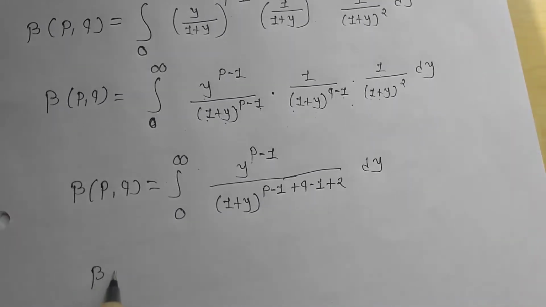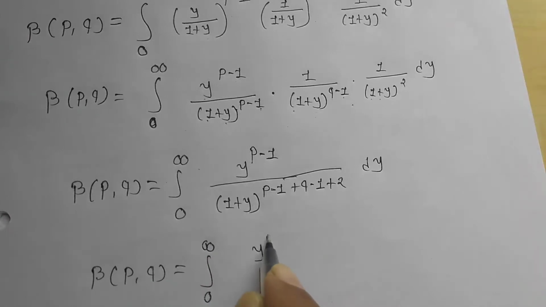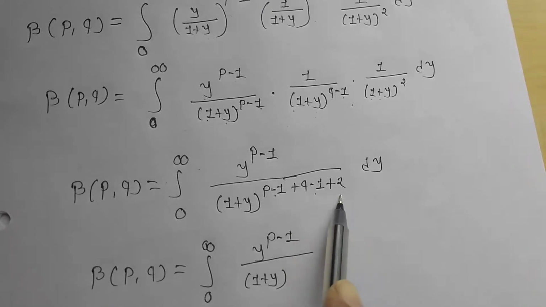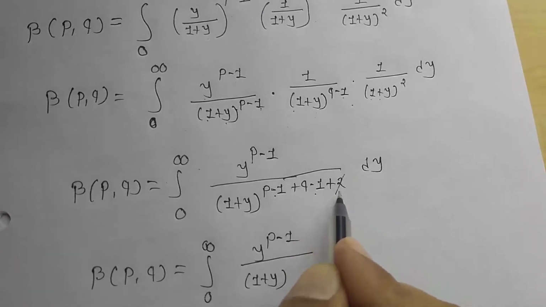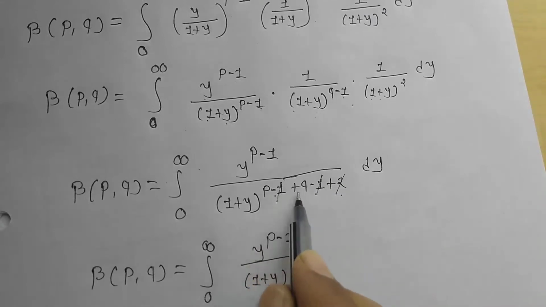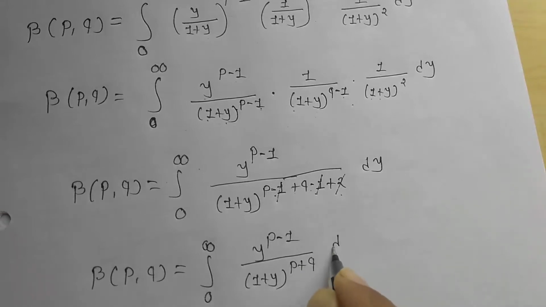Again, beta of p comma q is equal to integration 0 to infinite y raised to p minus 1 divided by 1 plus y raised to minus 1 is minus 2, and this is positive 2, cancel out. 2 minus 1 minus 1, remaining power p plus q, dy.